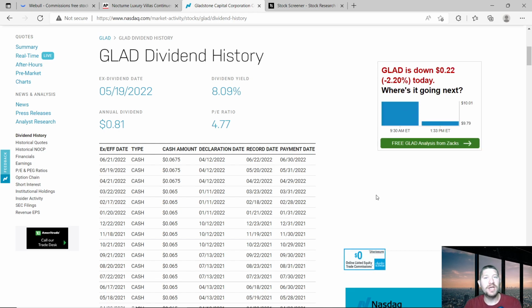We times that by 7 shares. 7 times 7 is now 49, almost 50 cents. So you'll be making 50 cents every month, which would correlate to about $6 a year if you were to keep the positions on Gladstone.